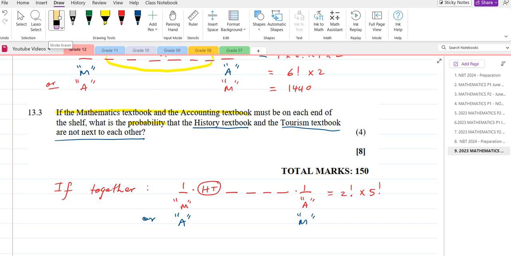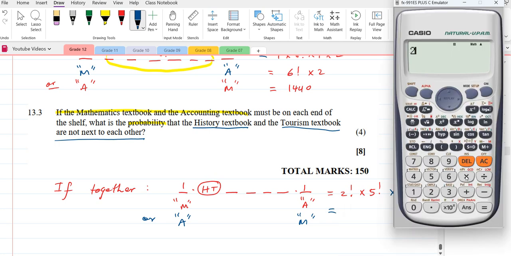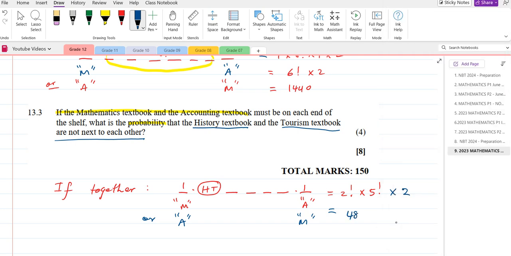Because they can occupy other positions being together. Now 2 factorial times 5 factorial, and then remember, times 1 times 1 times a further 2, because accounting can be there and mathematics can be there, so times 2 further 2. So I've got 2 factorial, which is just 2, times 5 factorial, 5 shift factorial. Right, so I've got an answer, 480 ways. So 480 ways they are together.